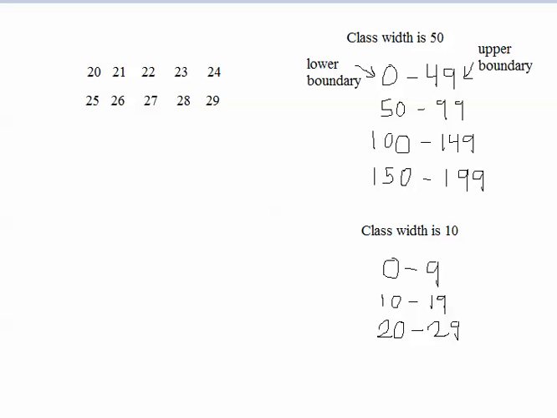So let's use this formula right here. Class width equals upper boundary minus lower boundary plus 1.